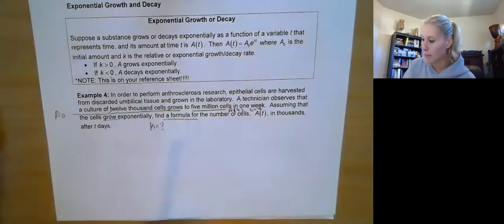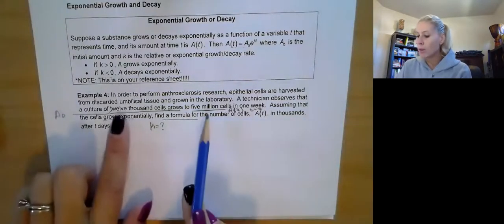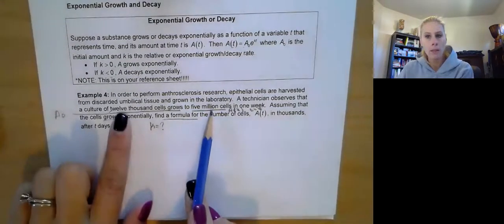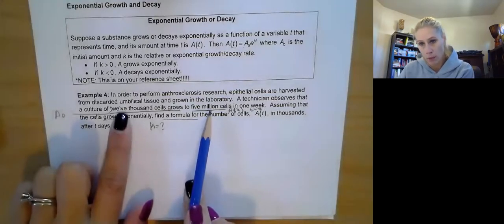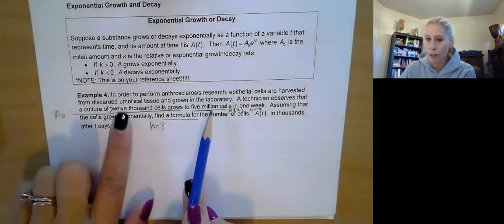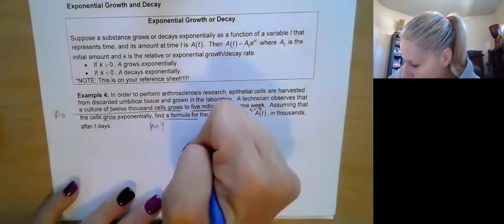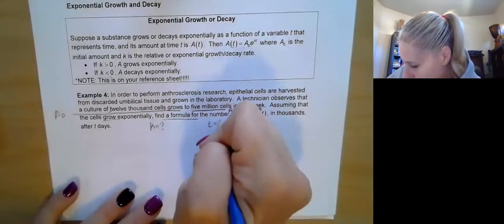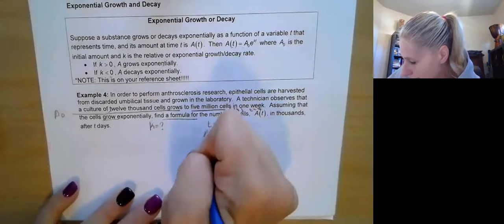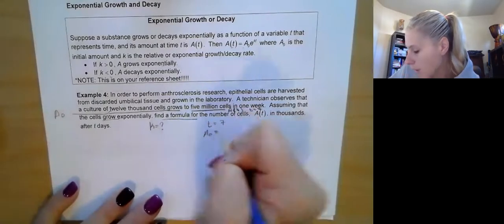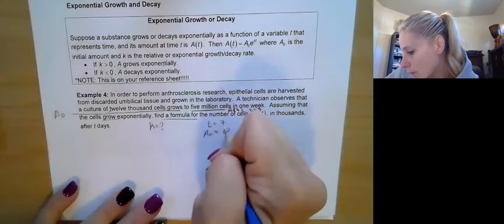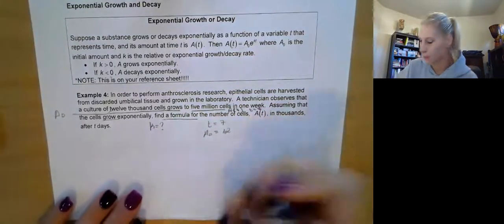So here's a couple things I want to show you. Now, you can use 12,000 or you can use 5 million, or we can cut that down. That's up to you. I would be careful on your zeros though. So if I say, let's do this in thousands. So we have T is 7, your A sub 0 is 12,000. Let's do that as 12. So we're going to count in thousands.